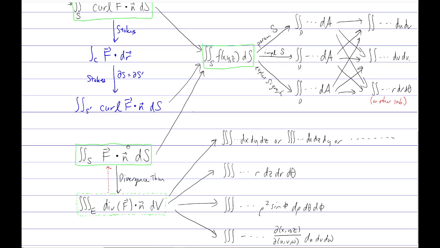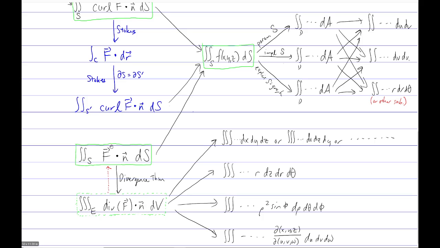Finally, you could have over here the problem of integrating the flux of a vector field across a surface, and you could just compute that directly and land yourself over here and then do one of these things. Or if S is a closed surface, you could apply the divergence theorem, and you have the triple integral over solid region E of the divergence of F. There should be no dot in here, apologies about that.